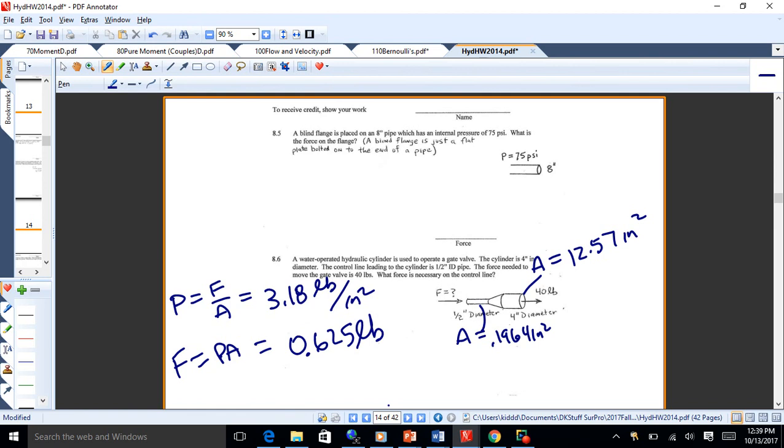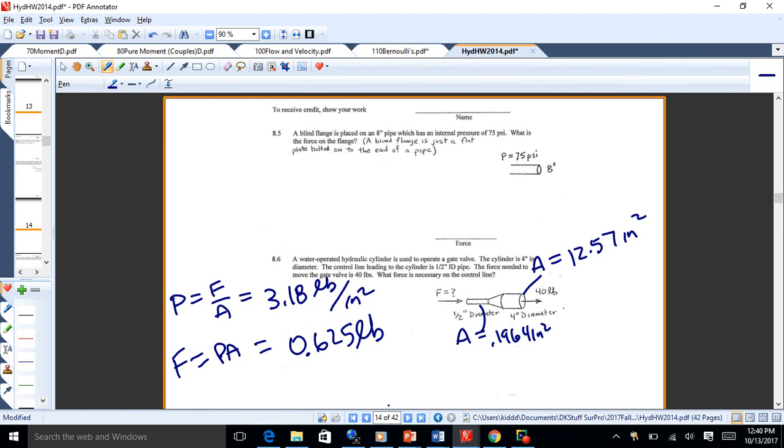So what you can do here, you can take a very small force, 0.625 pounds, and turn it into 40 pounds of push. But the price you'll pay for that is how far you have to push the piston. So if you want that 40-pound force to move an inch, you're going to have to push that piston quite a bit.